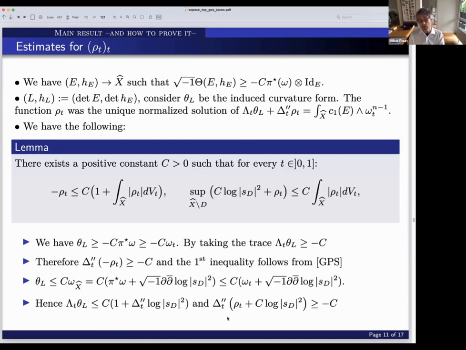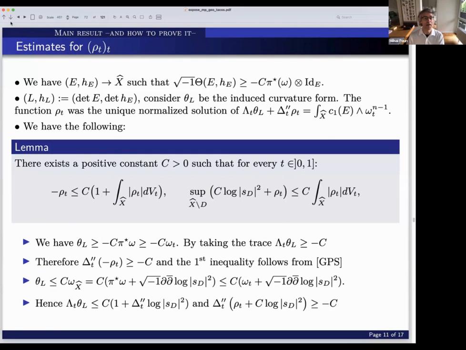So all in all, the Laplacian of rho t plus this function here will be greater than minus C. Okay, so this disappears, the logarithm of |s|^2, precisely because of the shape of the metric on the blow up, on the desingularization of the X. Okay, so you see that here we use the full force of the assumption, namely that this is not smooth any longer, but it is smooth where it is greater than minus 1. Okay.